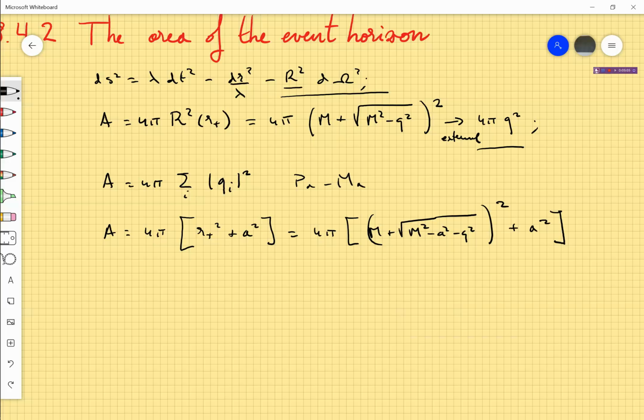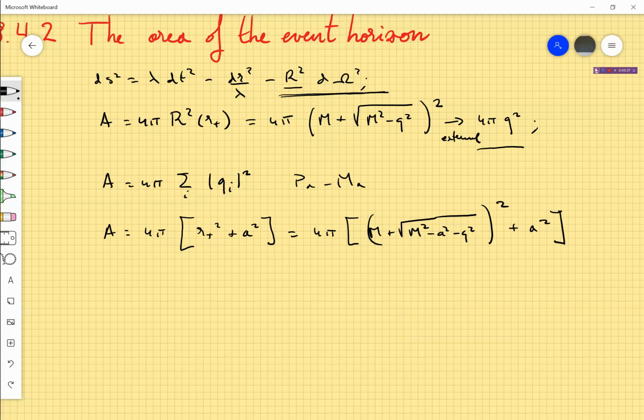The dr dv term vanishes because r is constant, and you are left only with this angular part, which is a rank 2 metric. So you take any intersection of the horizon with space-like surfaces, like surfaces with r equal constant. These are the two-dimensional surfaces whose area you can compute, and this is what we have computed, and this is the area that the Hawking theorem refers to.